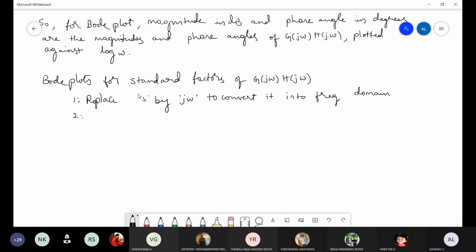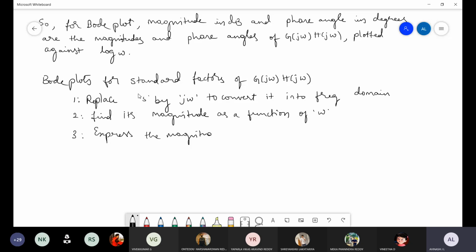Second, find its magnitude as a function of omega; we'll discuss this. Third, express the magnitude in dB by 20 log 10 of g of j omega into h of j omega.